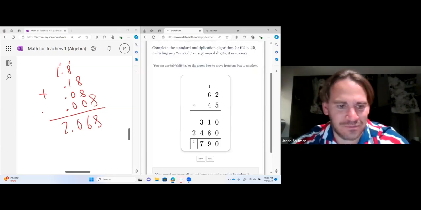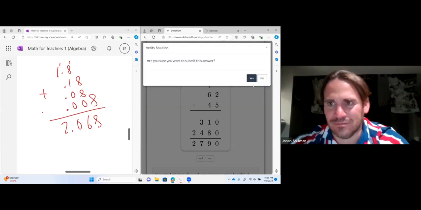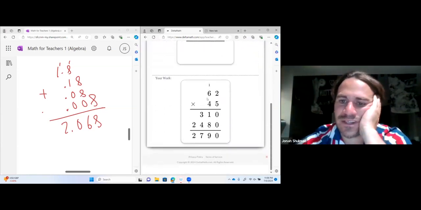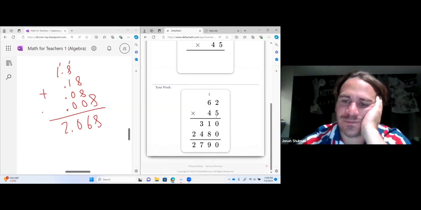I try to click the 2. Yeah, cool. So we carried the 1. There's nothing else we had to carry. You do 5 times this business, then you have to hold the 0. Then you do 4 times the other piece.